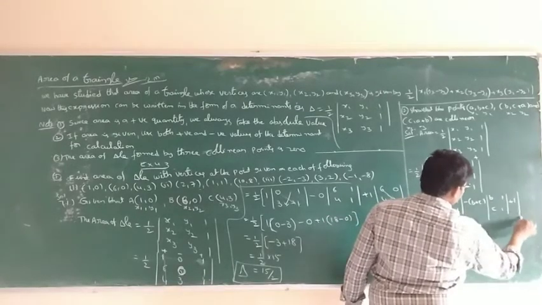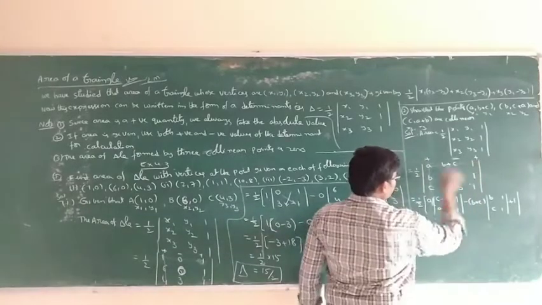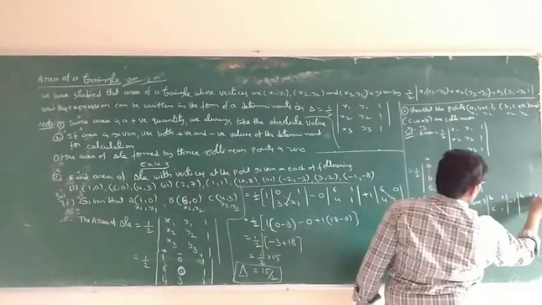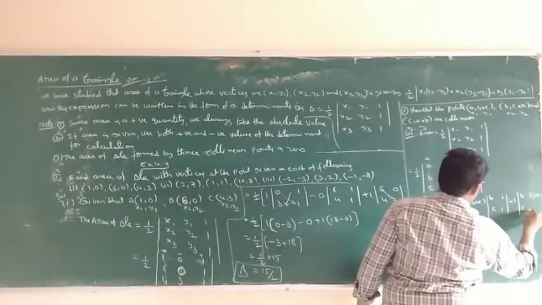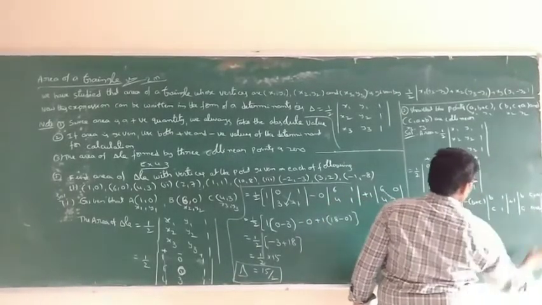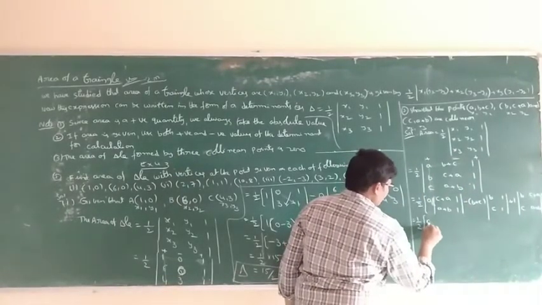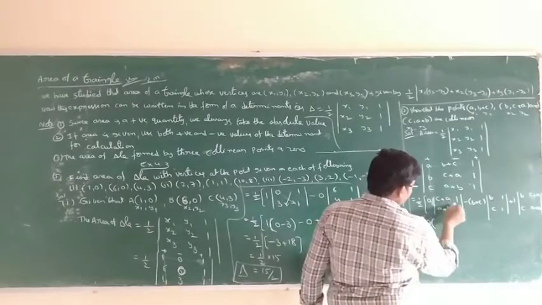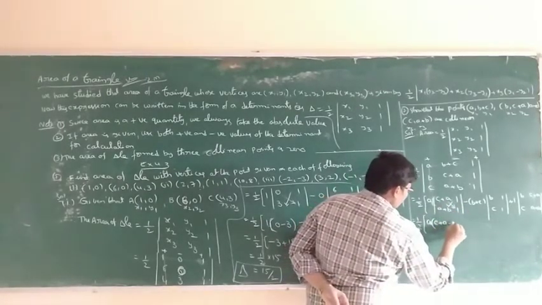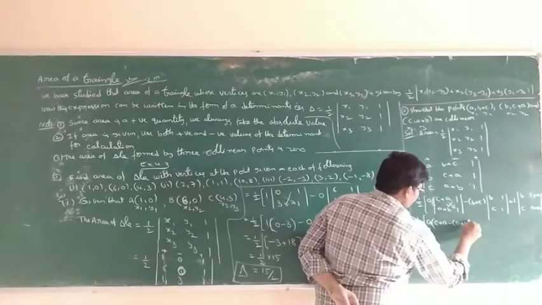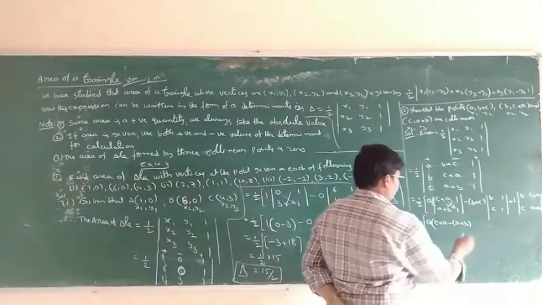Plus 1 into, the corresponding row and column deleted, B comma C plus A, C comma A plus B. So that is equal to 1 by 2 into A into cross multiplication, C plus A into 1, C plus A minus, A plus B, C plus A into A plus B.